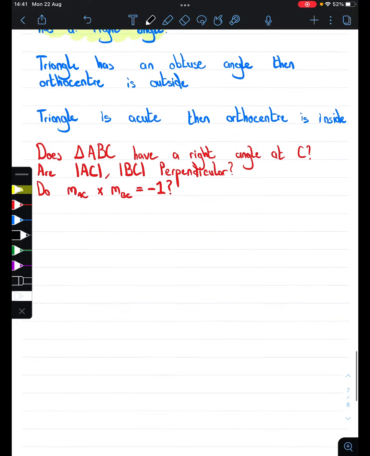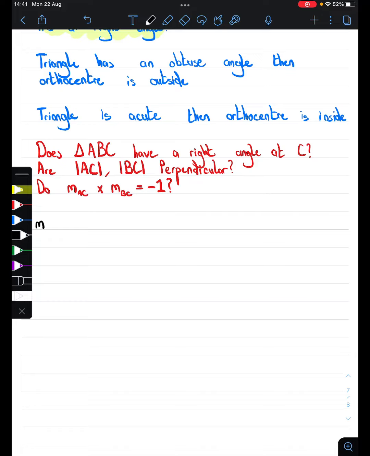Okay, so let's look for the slope M of AC. Well, we can use our slope formula. The slope of the line between two points is y2 minus y1 over x2 minus x1.